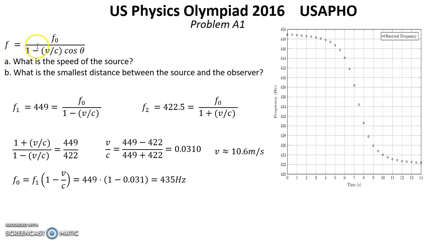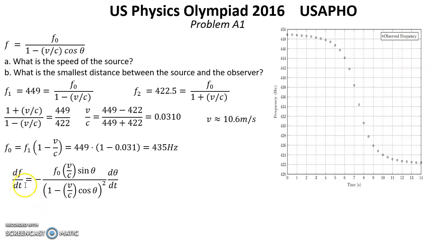Let's take the first derivative of this expression. dF over dt will be this expression, and at the point when theta equals pi over 2, we have dF over dt equal to negative F0 multiplied by V over C and multiplied by V over d0, where d0 is the shortest distance for theta equal pi over 2.